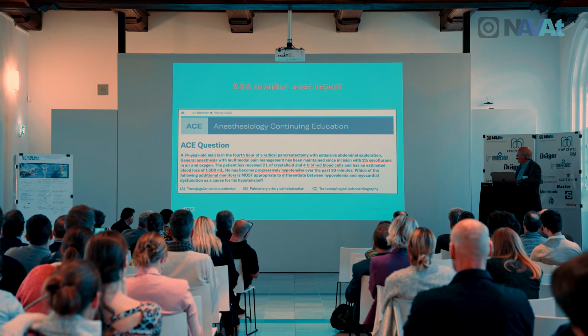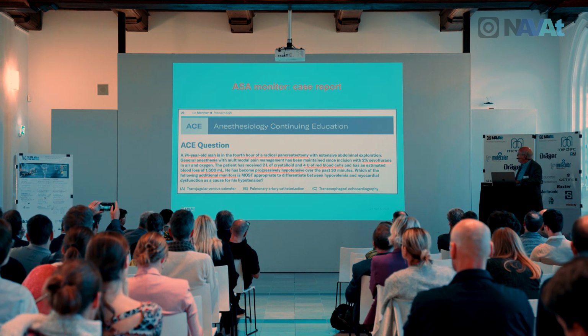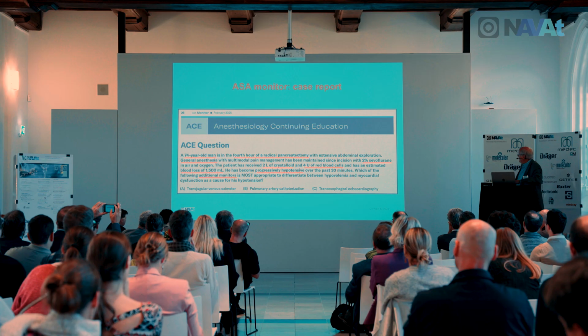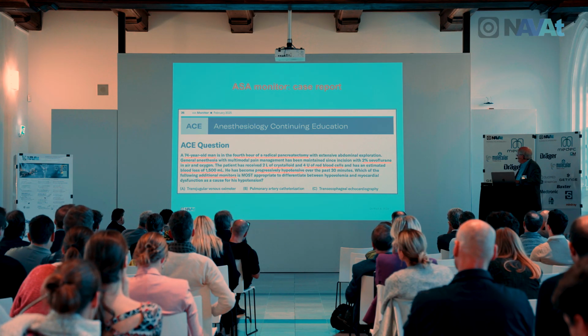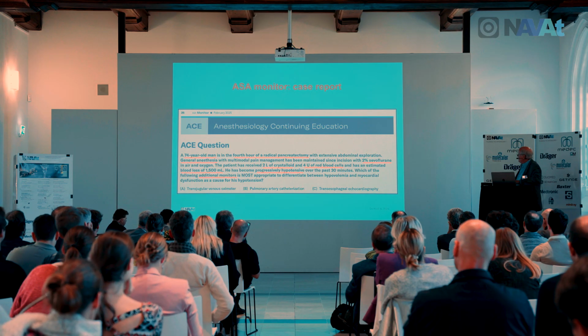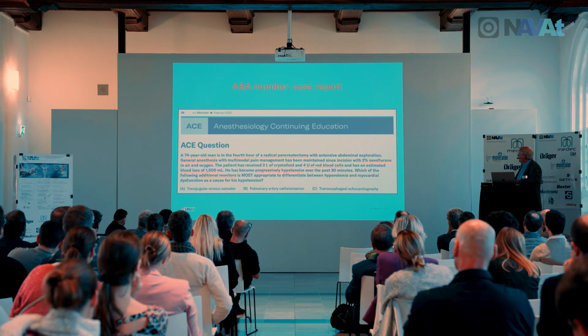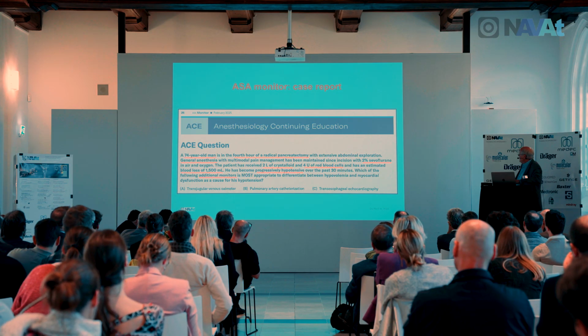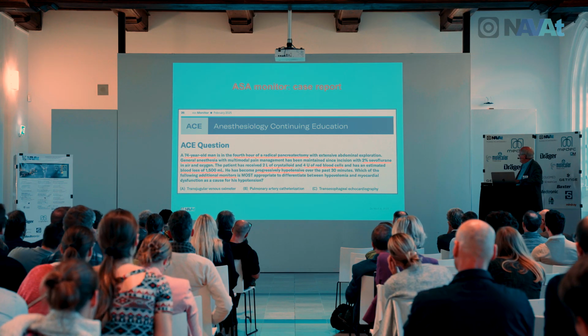In this case report, they present, I'm going to go over this quickly, a 74-year-old man, 4th hour of radical pancreatectomy, general anesthesia, of course. Anesthesia has been maintained with 2% sevoflurane and air oxygen, 2 liters of crystalloid, 4 units red blood cells, blood loss 1500 ml. He became then progressively hypotensive over the last 30 minutes.